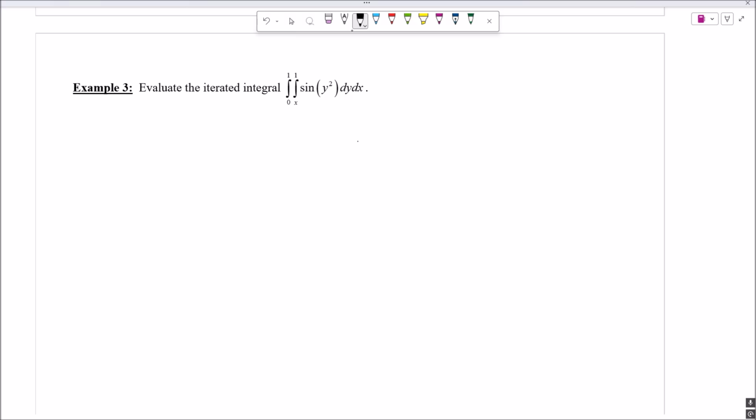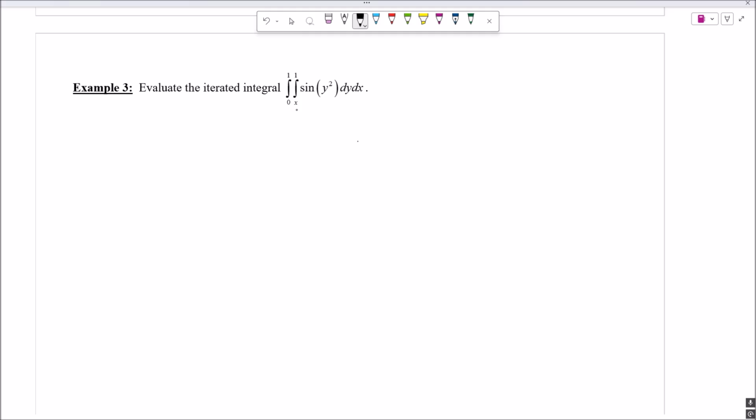So what I'm going to do instead is to try to figure out from this what question would have been posed that would have led to this integral. Clearly I'm finding the volume under the surface z equals sine of y squared, but I need to figure out over what region. So let me write down what we're thinking.